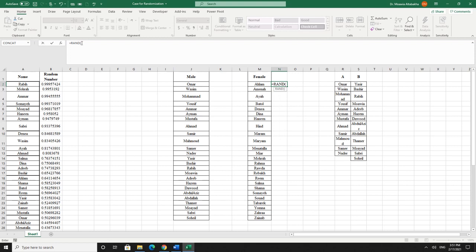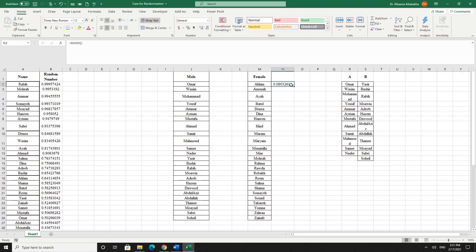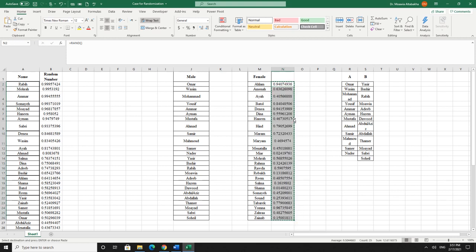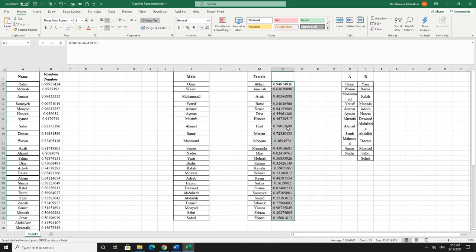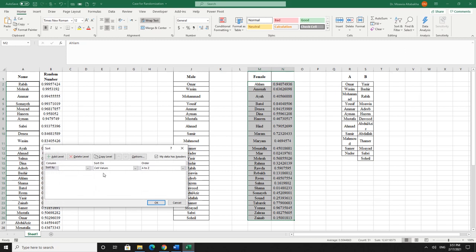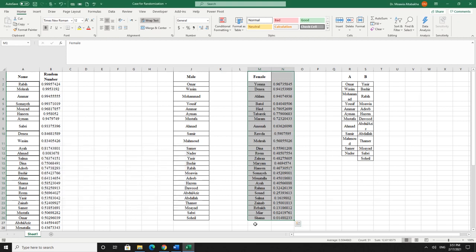See, it gives me a bracket. I have to close it and then do it like this, then copy it, then paste it as number. And now I will arrange it according to number and from large to small.